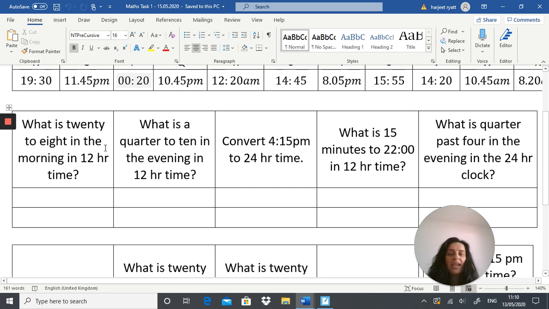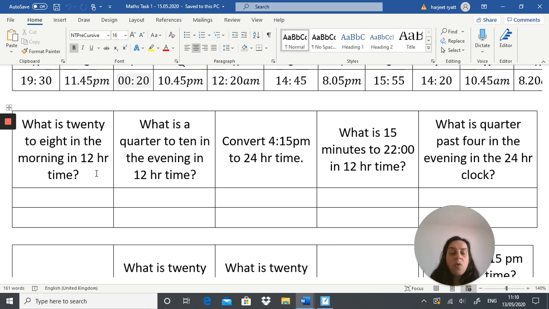What is 20 to 8 in the morning in 12-hour time? That's quite tricky. It's 2 parts. Firstly, think about what the time is in number format from the written format, and then you have to put it down in 12-hour time or 24-hour time. So please take your time doing this, because it requires you to think about this logically.